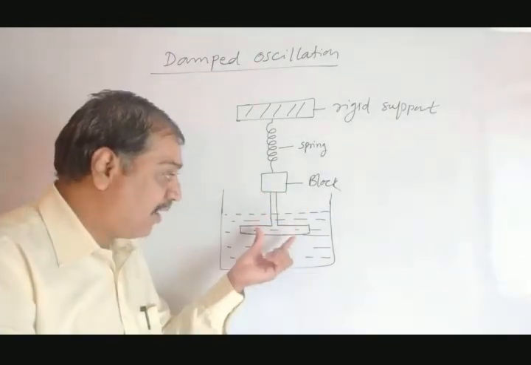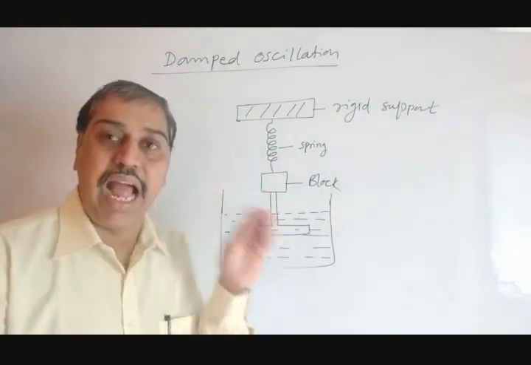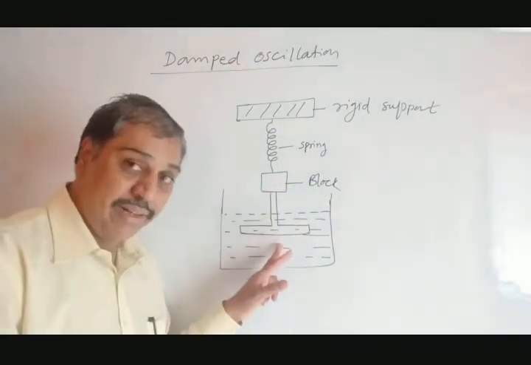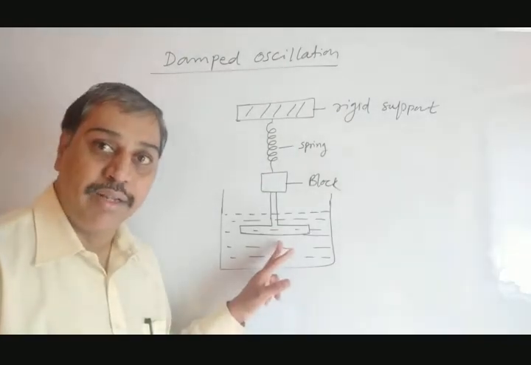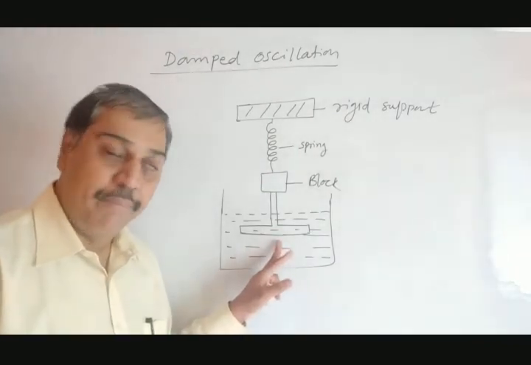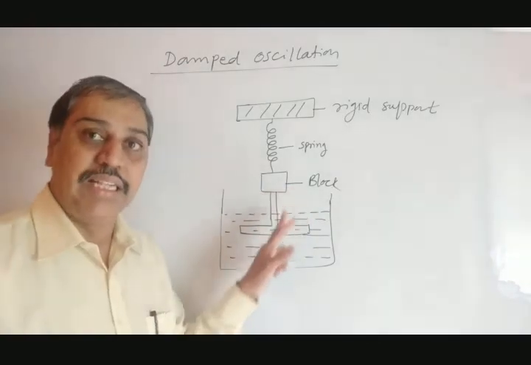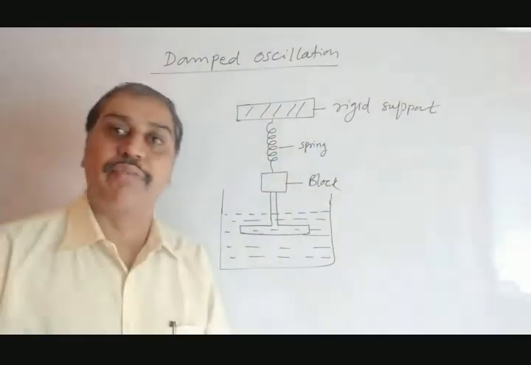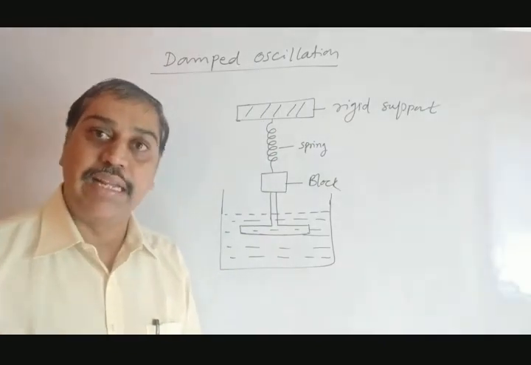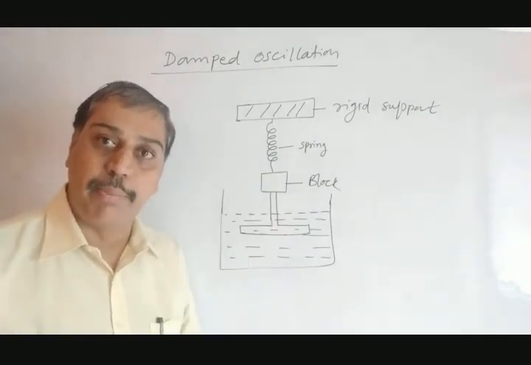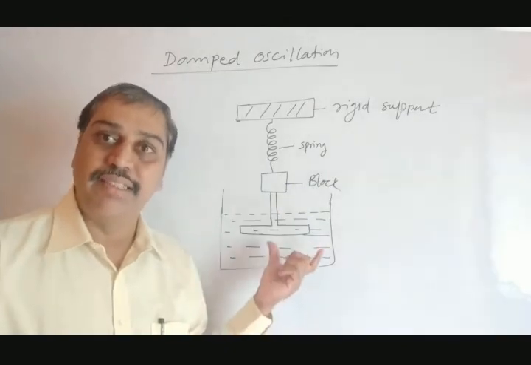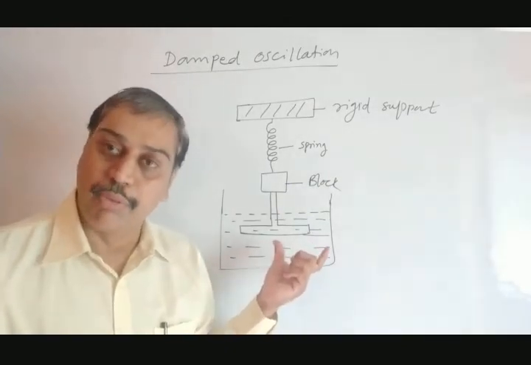So this vane tries to stop the block as early as possible, and that is said to be damping. The vane works as a damper. It reduces the amplitude of vibration of the block, and that is damped harmonic motion. This is the setup for a damped harmonic oscillator, and here the oscillation given to the block stops quickly because of this vane, because of the opposite motion.